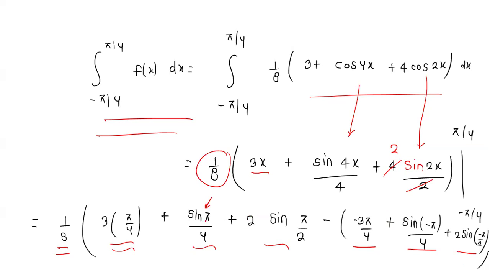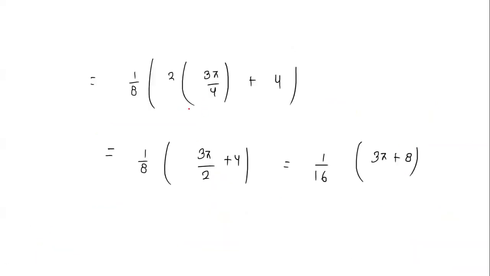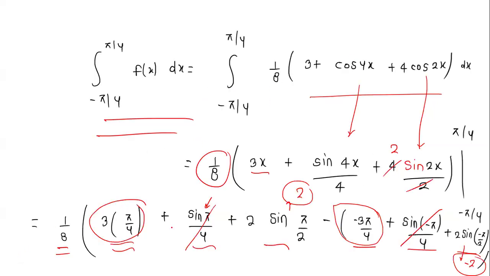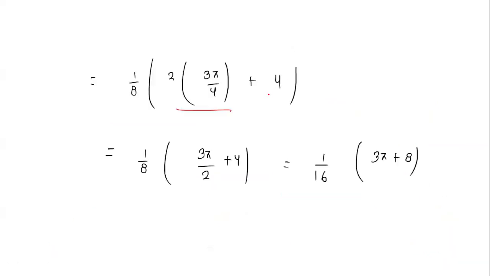So if you see, this sine pi value is 0, so this and this value is 0, and here we have this thing as 2, and this thing will become minus 2. And if you combine this element and this element and this element and this element, so you will have 2 times 3 pi by 4, and here this 2 and this 2 will become 4 here.